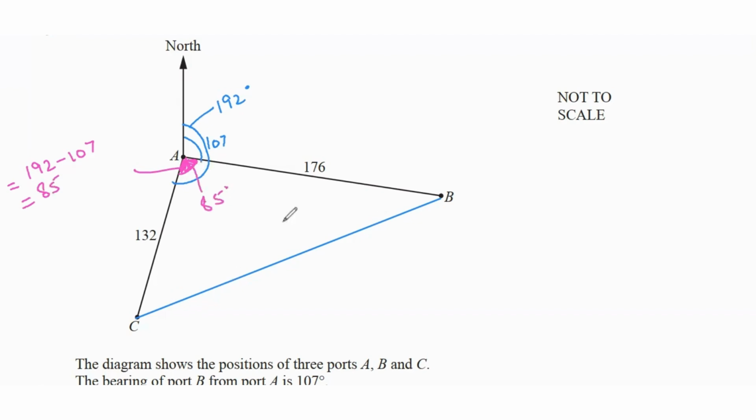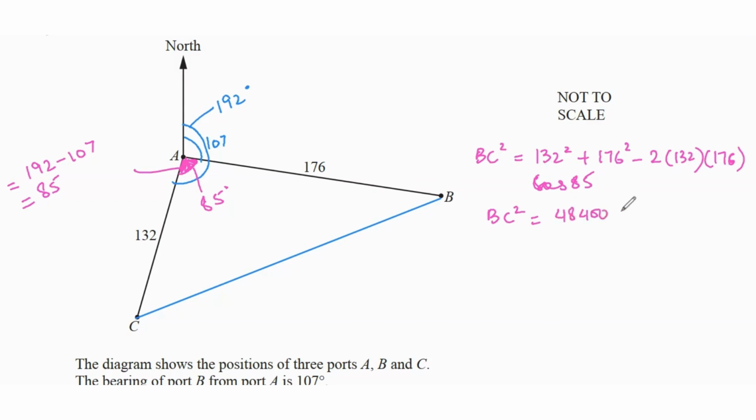So we need to find BC. We have 2 lengths and the angle between them. We can easily use the cosine rule to find BC. BC squared would equal 132 squared plus 176 squared minus 2 times 132 times 176 times cos of 85. That's going to give us 48,400 minus 4,049.6.